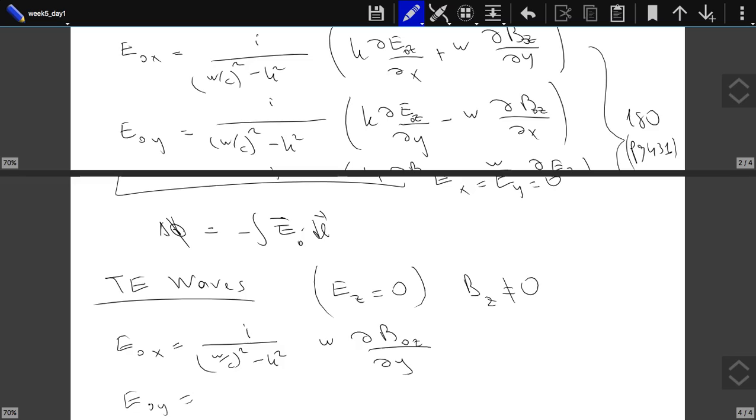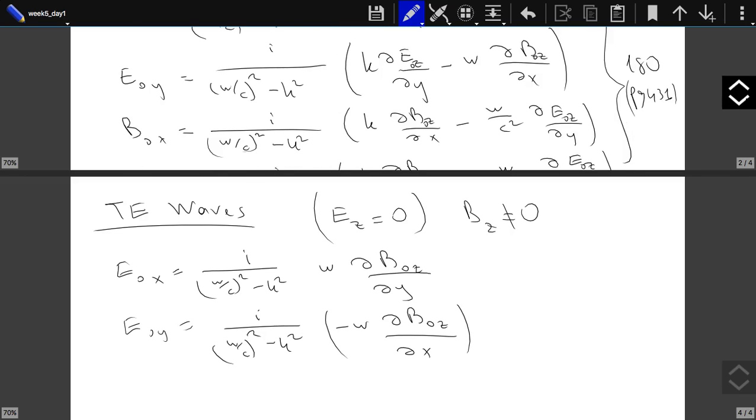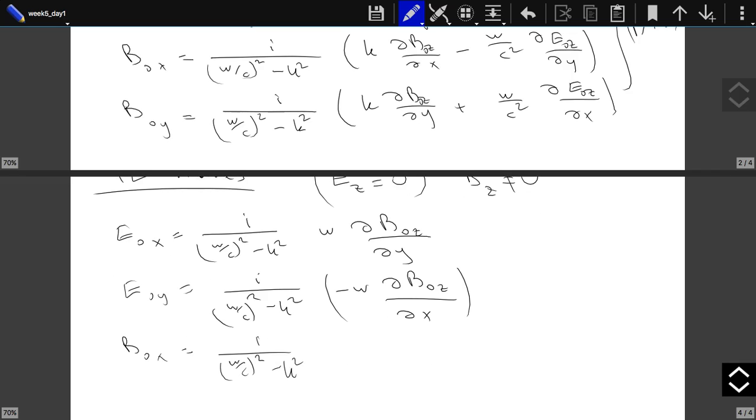E0y is equal to I over omega over C squared minus K squared minus omega derivative of B0z by del x. B0x is equal to I over omega over C squared minus K squared, K times derivative of B0z by del x.